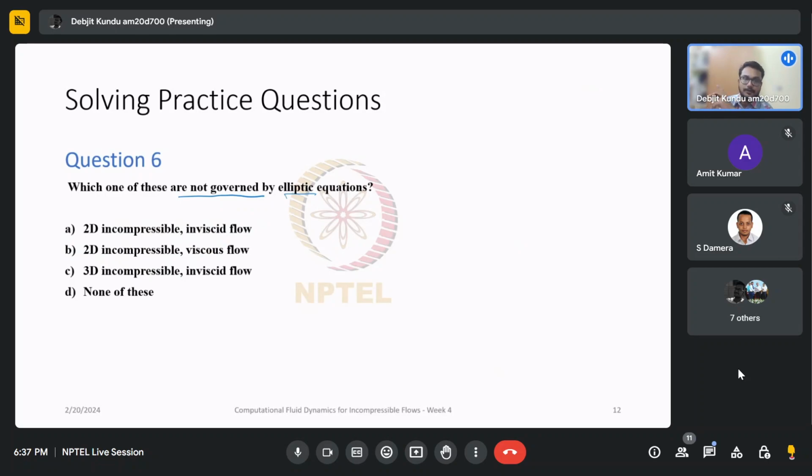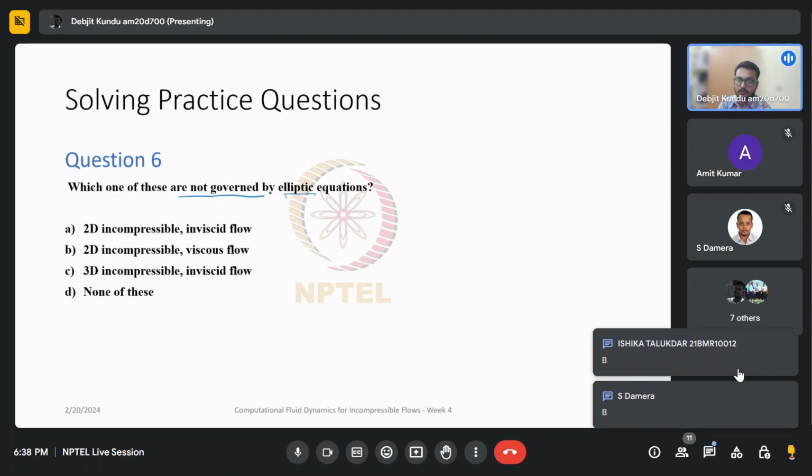In that case, you have to pick option D, none of these. So figure this out carefully. The three situations given are: option A, 2D incompressible inviscid flow; option B, 2D incompressible but viscous flow; option C, 3D incompressible but inviscid flow; or option D, none of these?